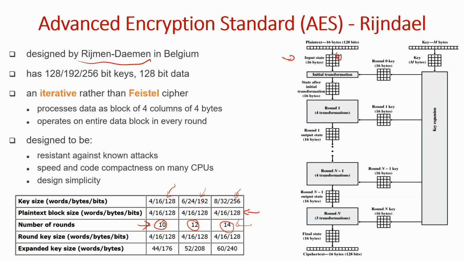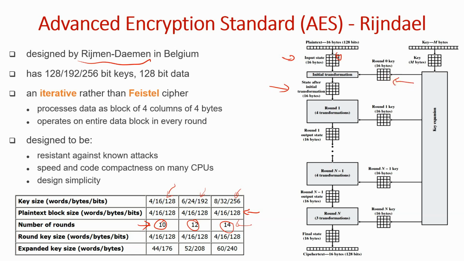This matrix is the one that you will operate on. It's called the state matrix. And after each operation, the contents of the matrix change, and so the state matrix changes. And it keeps doing that after each round. So the input state, or the plain text, which is 16 bytes divided into a 4 by 4 matrix, gets an initial transformation based on a round key.